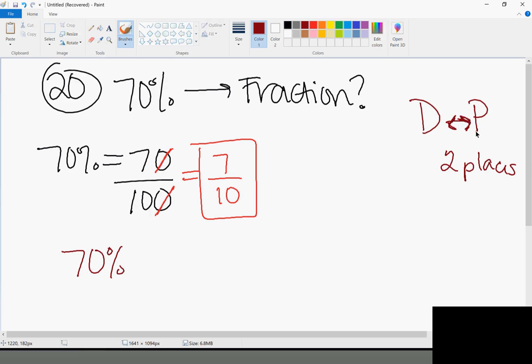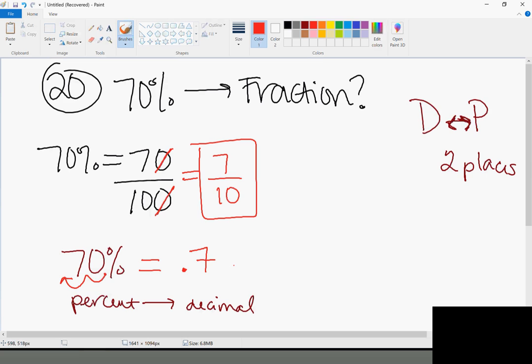To go from percent to decimal, you move 2 to the left. So if I want to go from percent to decimal, that's 70%. The decimal is here for 70. If I move 2 to the left, that's going to be 0.7. That is equal to 70%.